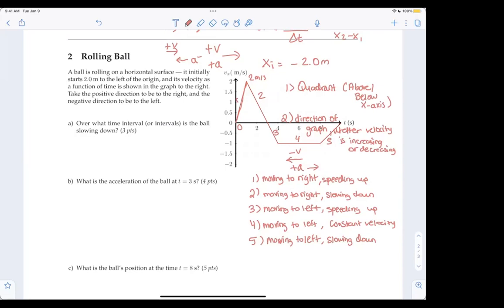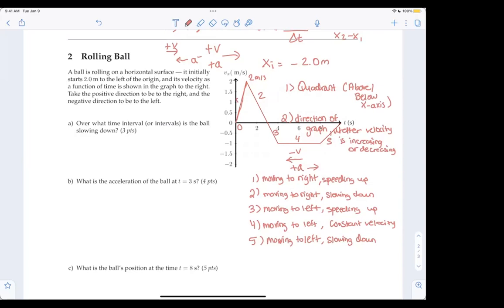I'm trying to think about why you think that. Walk me through, I guess, your reasoning as to why you think it's 0. Yeah. So whenever there's a given interval, when it asks the acceleration of a given interval, I would look at the slope in that specific interval.